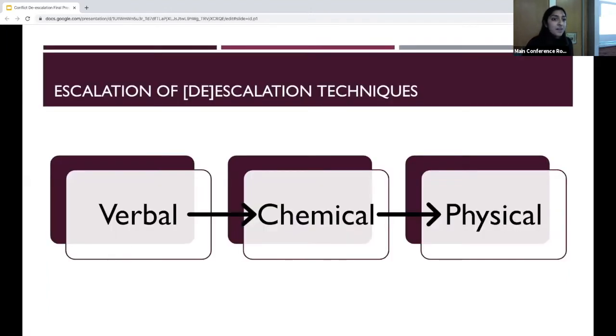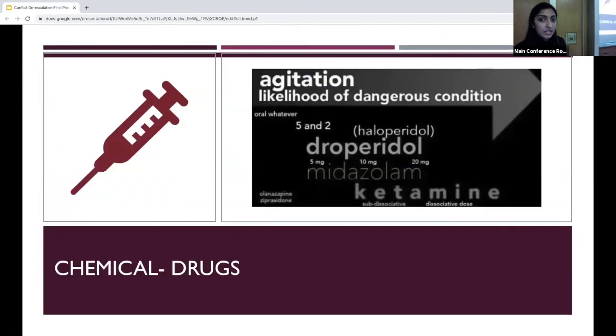So when talking about escalation and de-escalation techniques, the first 8 domains of de-escalation were mostly verbal. And now we're going to switch into the realm of chemical, go into physical. So let's go back to this diagram that we saw initially when I was talking about Rubin-Strayer and focus now on the bottom half.